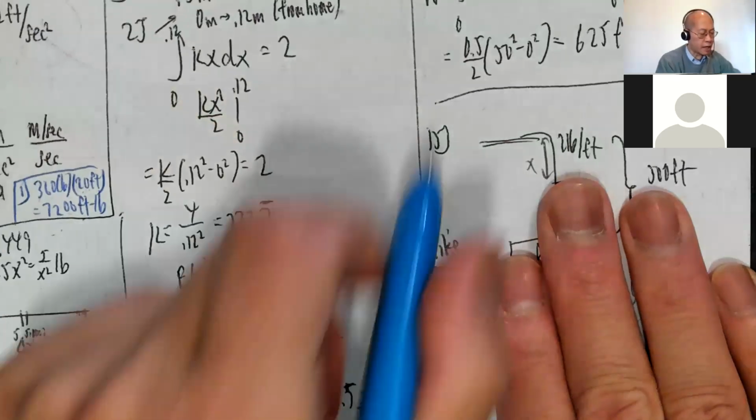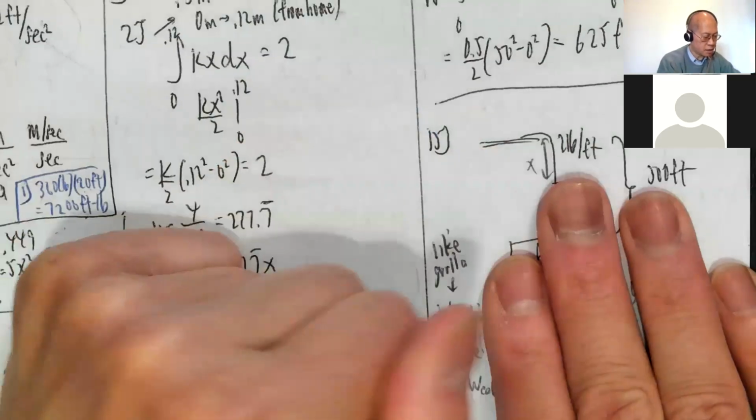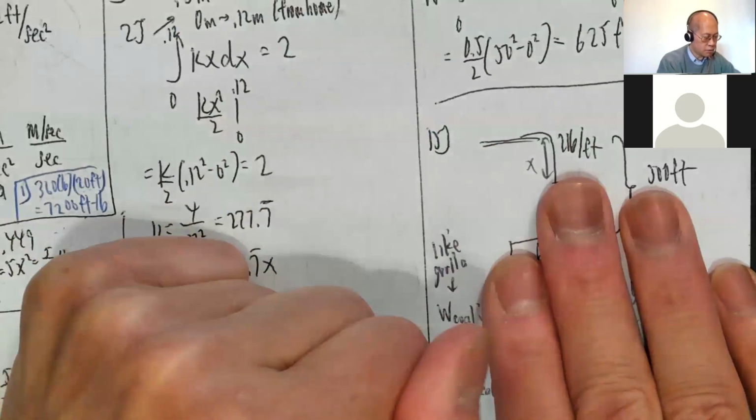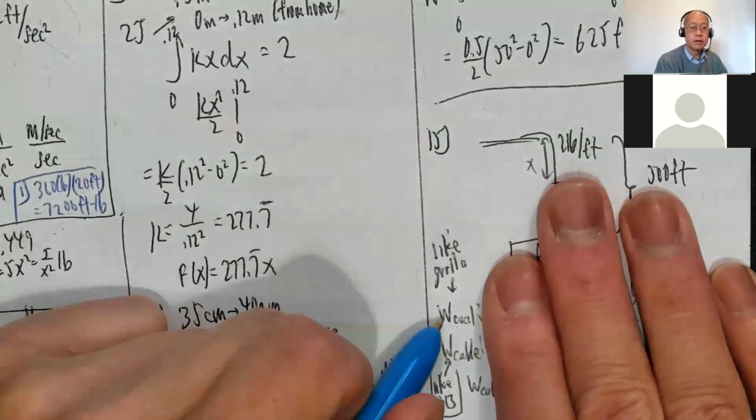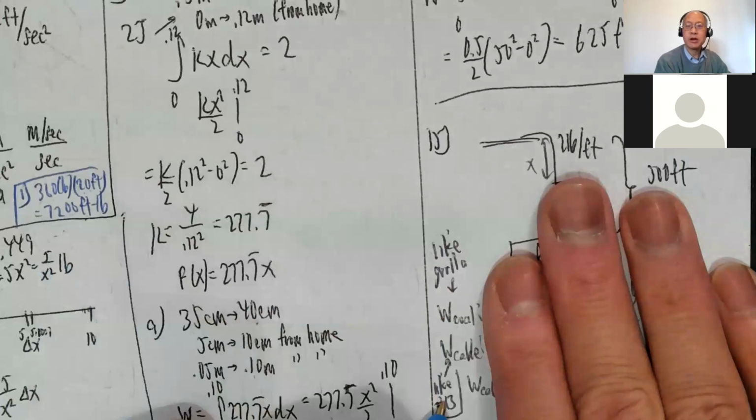And the work for the cable is like number 13. Okay. Work for the coal, gorilla. Work for the cable, work it out like this one, number 13. Okay. That's the setup that I want to give you.